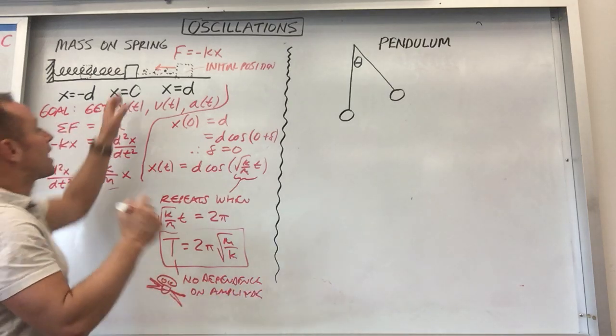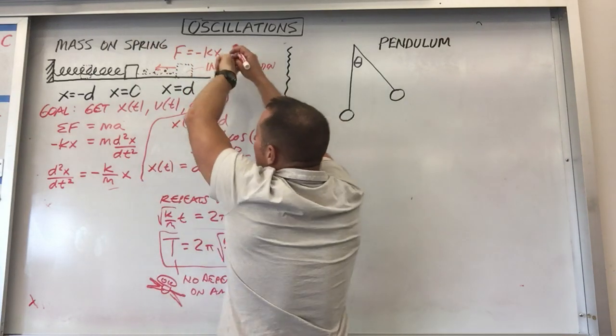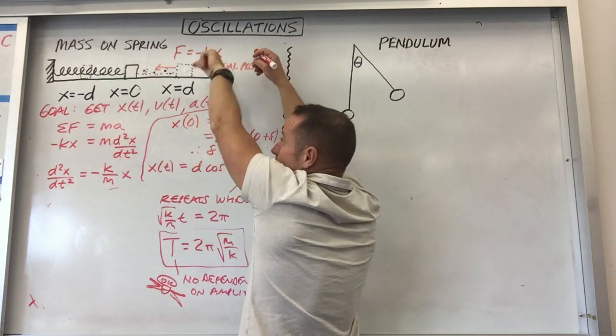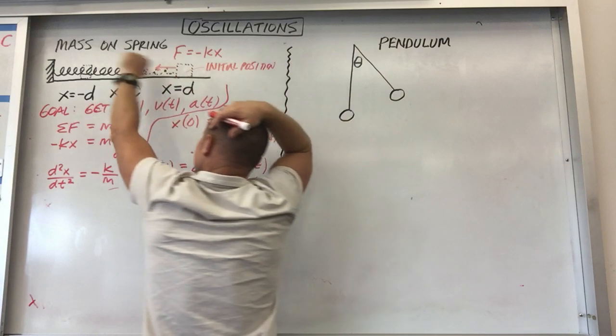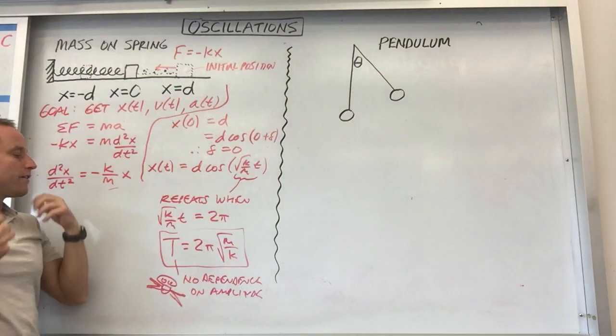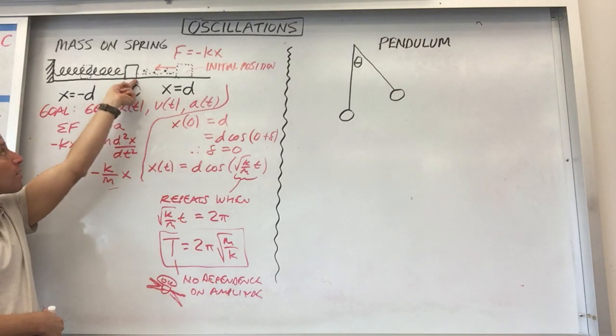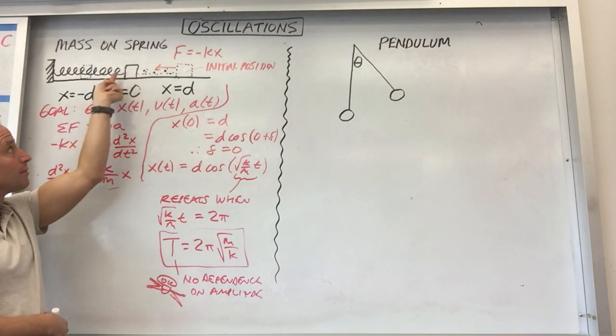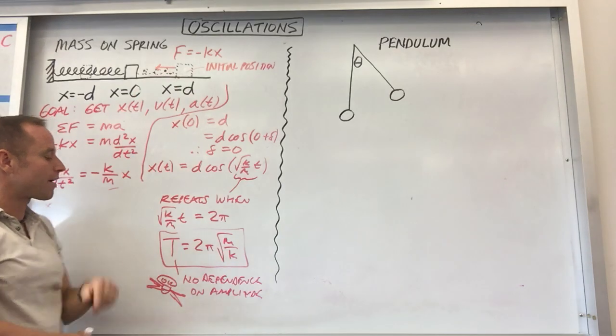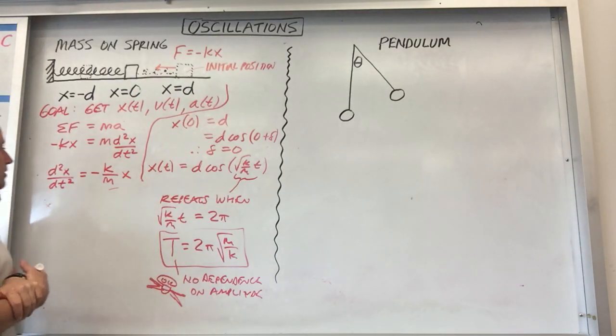If you pull it out farther, yeah, there will be a bigger force on the thing trying to get it back, but it also has farther to go. And so those effects kind of conspire to cancel each other out. So it doesn't matter whether you pull this thing just a little bit and let it boing, boing, boing back and forth, or if you pull it out farther, there's no dependence on the amplitude.